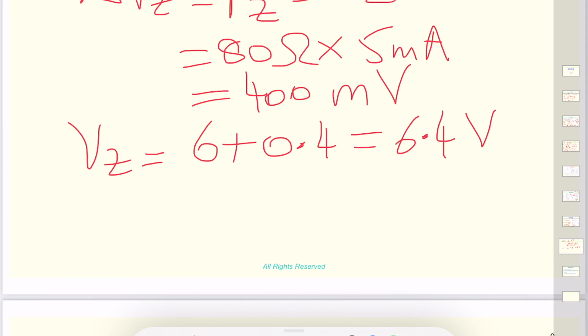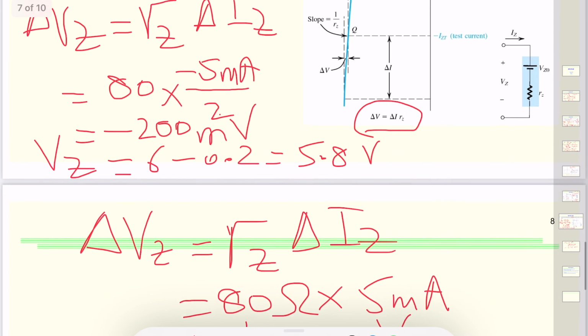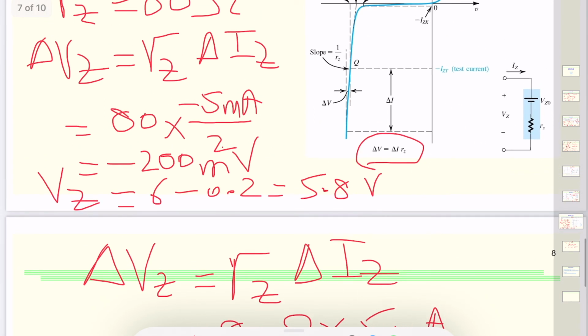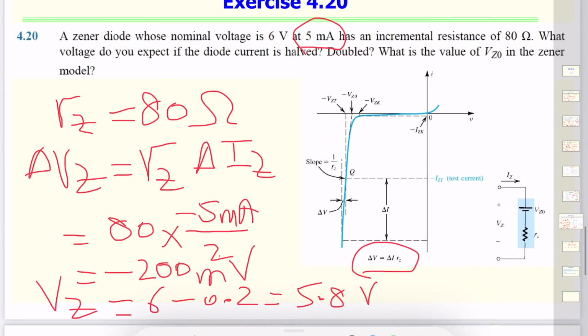All right, so finally the question is the value of VZ naught that is obtained by using the model at zero current.